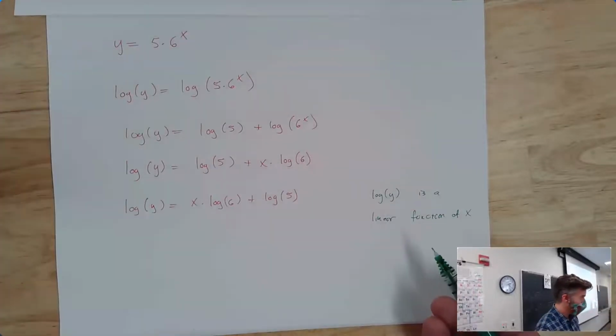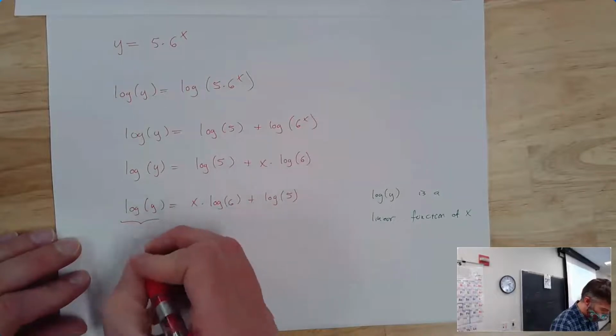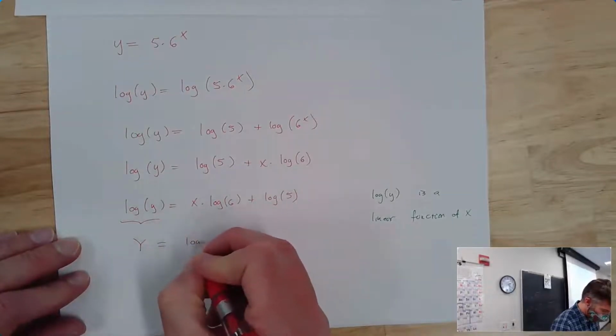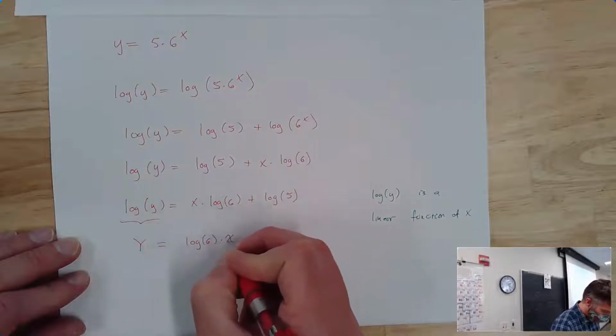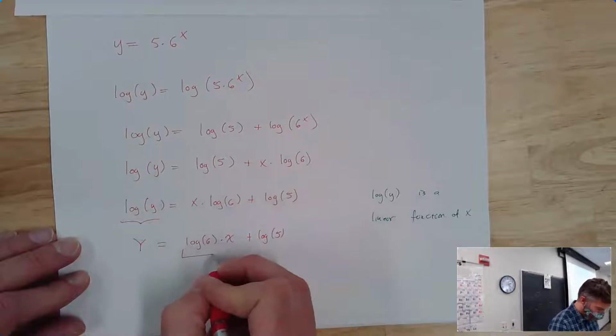Log-log, semi-log. And so if you wanted to, people often replace this with something else. You have Y equal to log of 6 times regular x plus log of 5. There's our m.